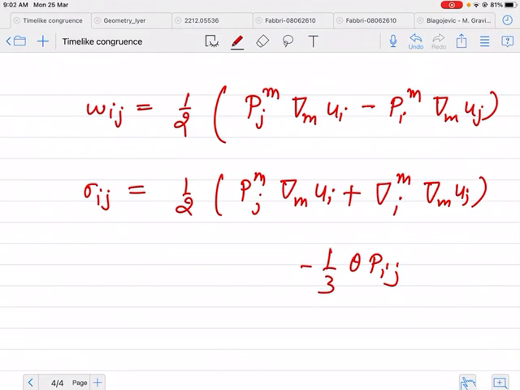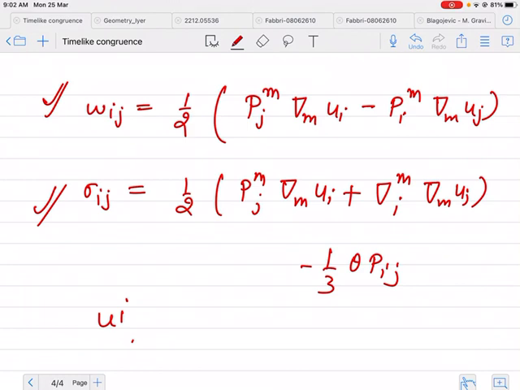From the definition, it is easy to verify the following facts. Number one, omega_ij is antisymmetric, while sigma_ij is symmetric and traceless. Both shear and rotation are orthogonal to the four-velocity u_i.